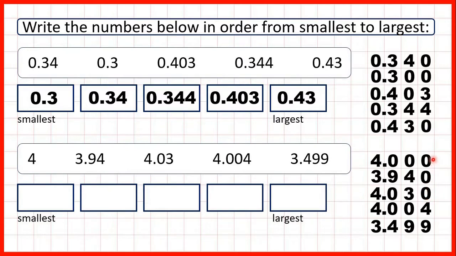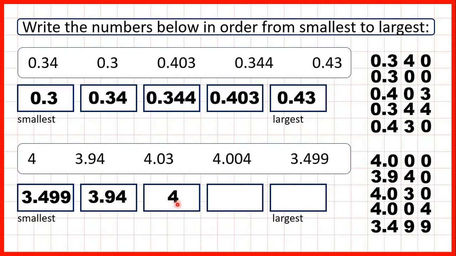And now, because the decimals have the same number of digits, we can compare them in the same way as we would compare whole numbers. So our smallest decimal is 3.499, because if we ignore the decimal point, that's like 3,499. Then we have 3.94, because if we ignored the decimal point, that's similar to 3,940.